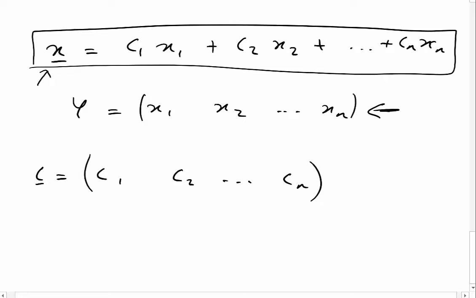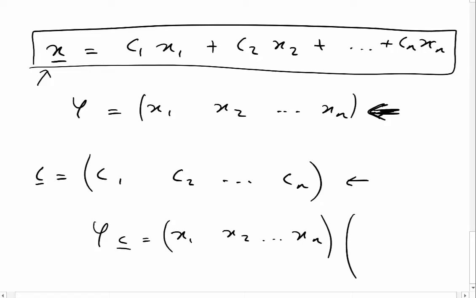Okay. Well, if I multiply my fundamental matrix, phi, by this constant vector, phi times c, can you see that when I multiply it out, I'll have x1, x2, xn, and then here I'll have c1, c2, right the way through to cn.